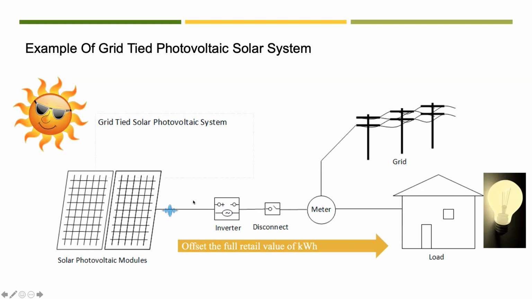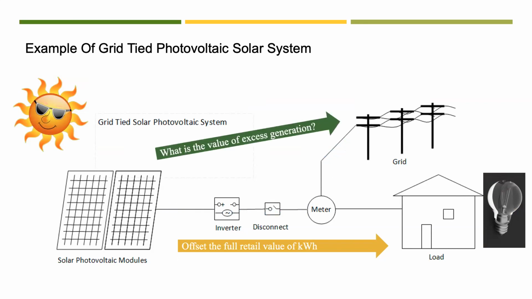So essentially what we're doing is we're offsetting a unit that we would have otherwise brought in from the grid and purchased at that full retail rate. So we're offsetting a unit of energy at the full retail rate by generating it and using it. Question becomes, when we have these electrons that are flowing back to the grid, and over the course of the billing period, we have excess generation, what's the value of that net excess generation?